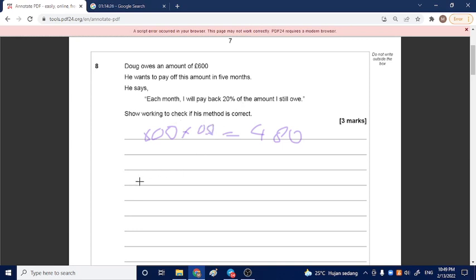That means in n months, the amount of money that they owe is 600 times 0.8 to the power of n.